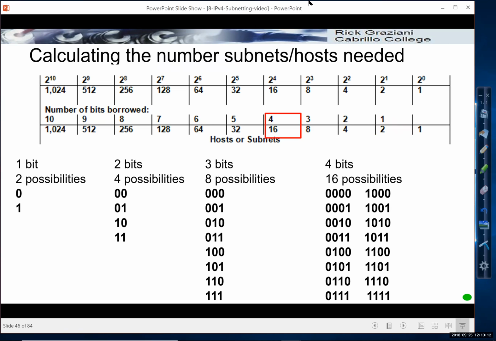Notice that as we increase each bit, we double the number of possibilities. So 5 bits would give us 32, 6 bits 64, 7 bits 128, etc. We can extend this table and keep on going.